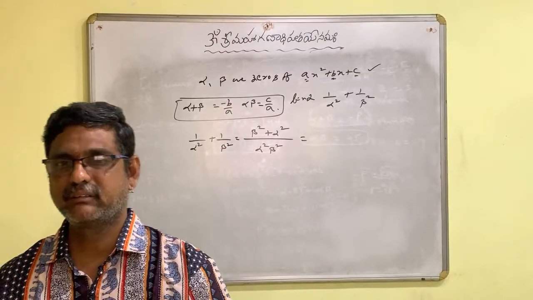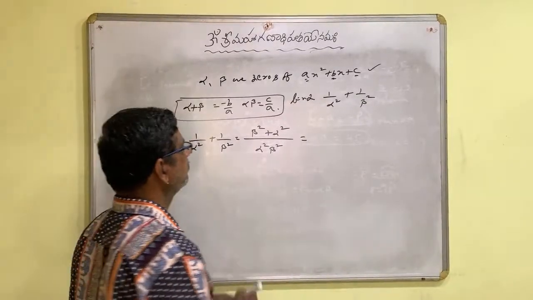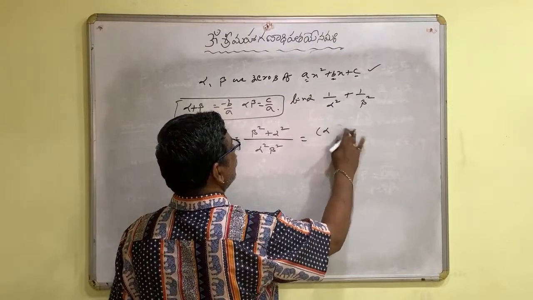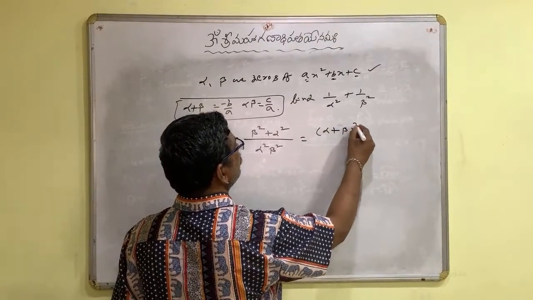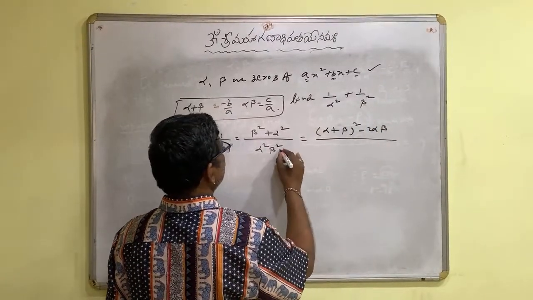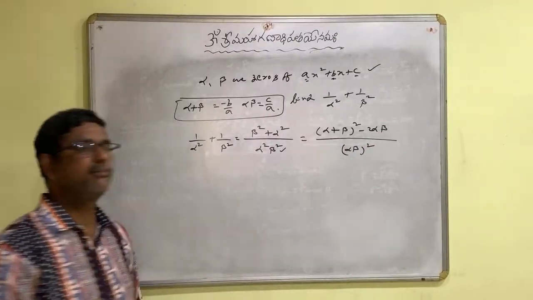Very good, Darsh. Alpha square plus beta square, this numerator, we can write as alpha plus beta whole square minus 2 alpha beta, divided by alpha beta whole square.